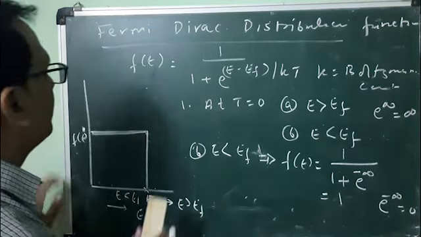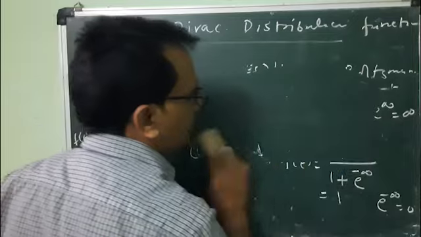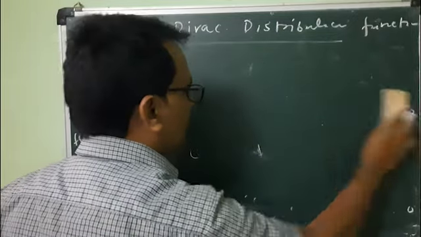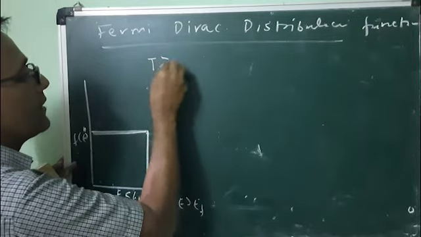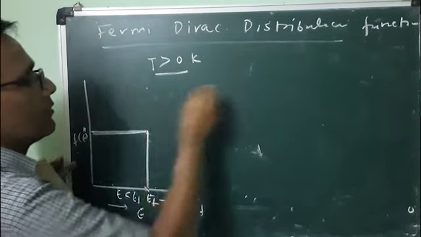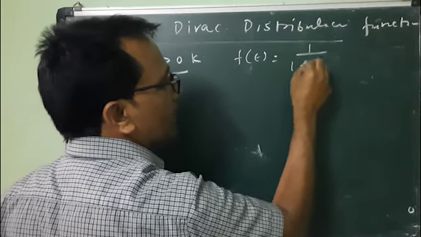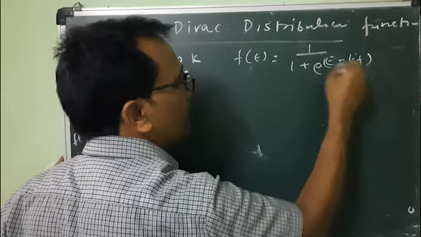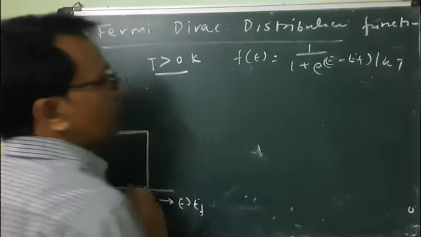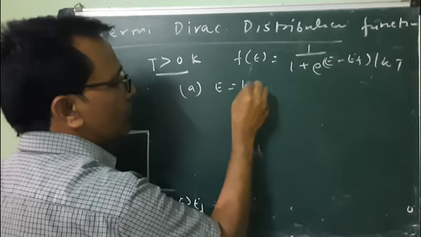Now for the second case, when temperature T is greater than 0 Kelvin, F(E) is equal to 1 upon 1 plus exponential of (E minus EF) by KT. First let's take E equal to EF.